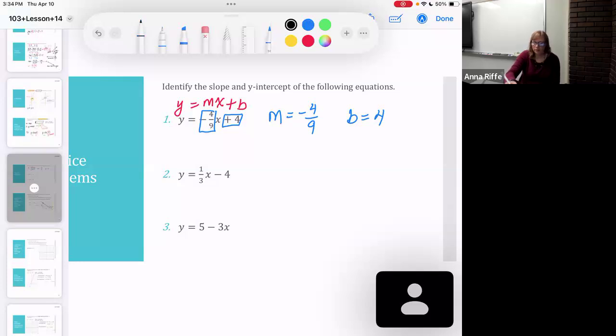Let's look at number 3. I'll let you do number 2. I'm again going to use this y equals mx plus b form to do a comparison. I'm going to determine what is the slope and what is the y-intercept. The below equation is certainly solved for y, but I have to be careful.